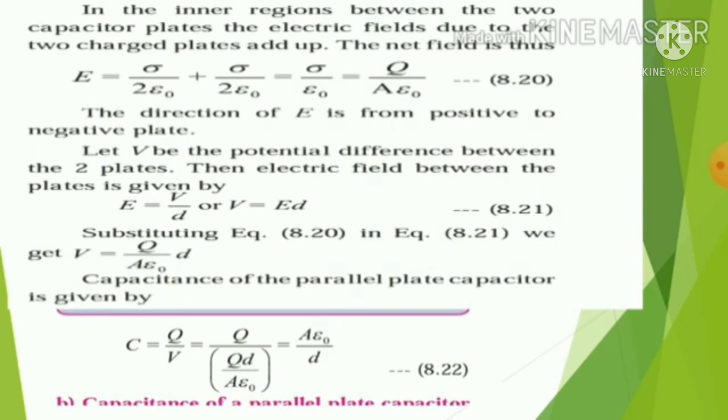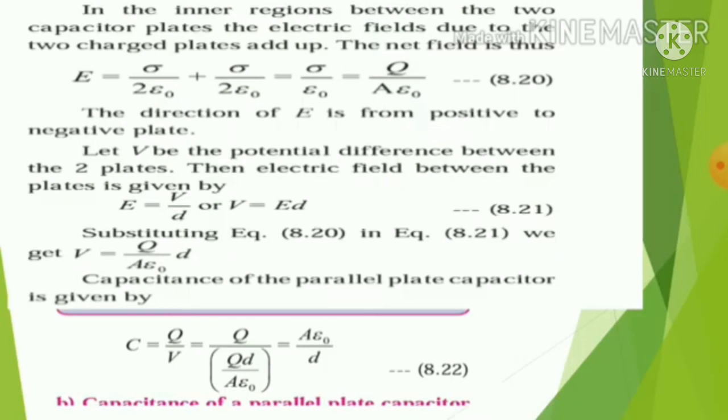Converted in terms of potential difference, V equal to capital E into d. This is equation 8.21.